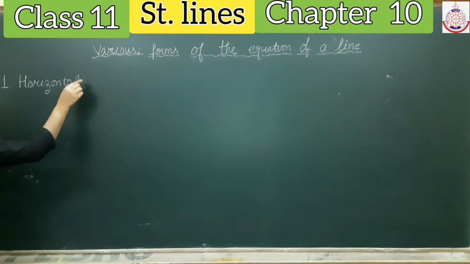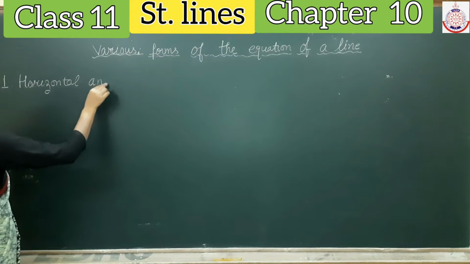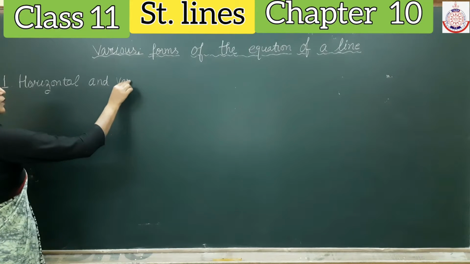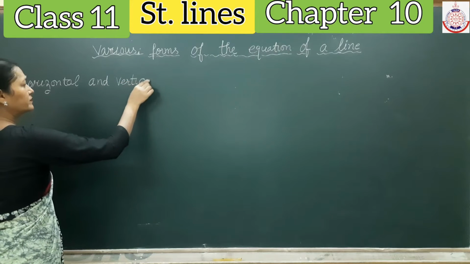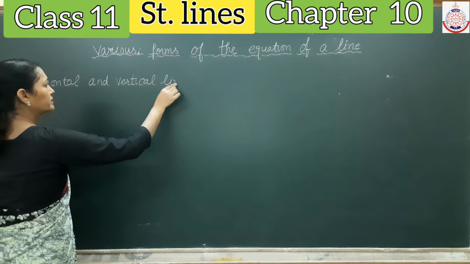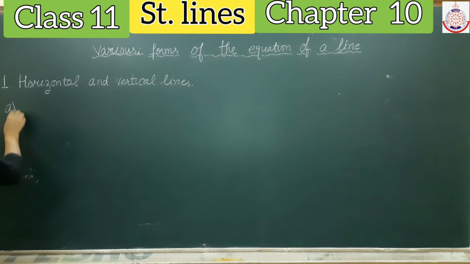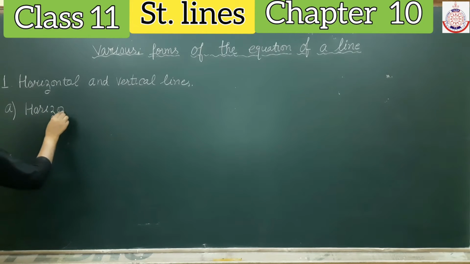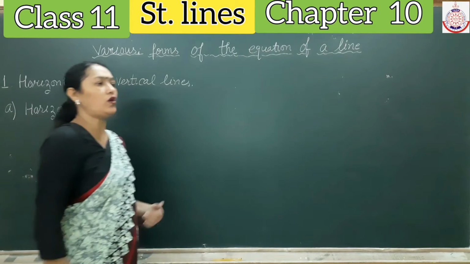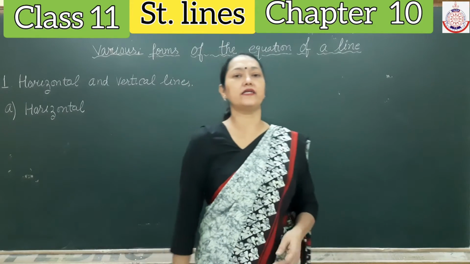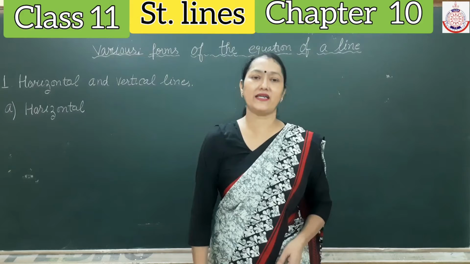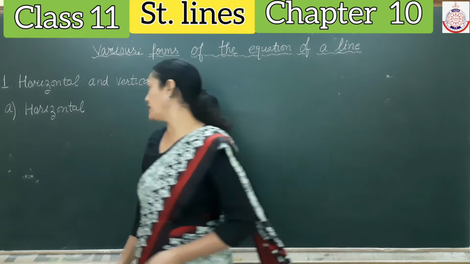Horizontal lines and vertical lines. Firstly, horizontal lines. If I say draw a line L at a distance A from x-axis, then what will you do?